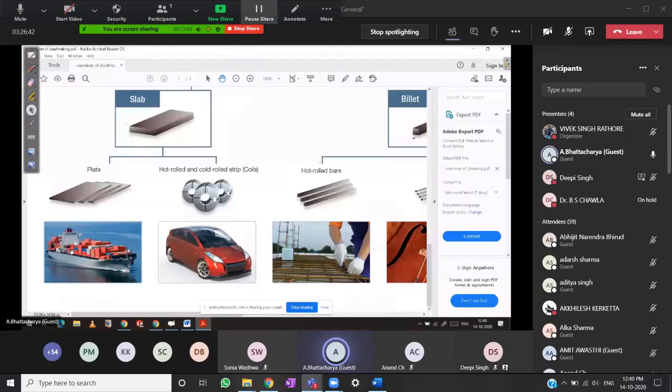This second group is hot rolled and cold rolled strips and coils. This is a coil, the weight of which may be around say 20 tons. So it is a long thin strip.